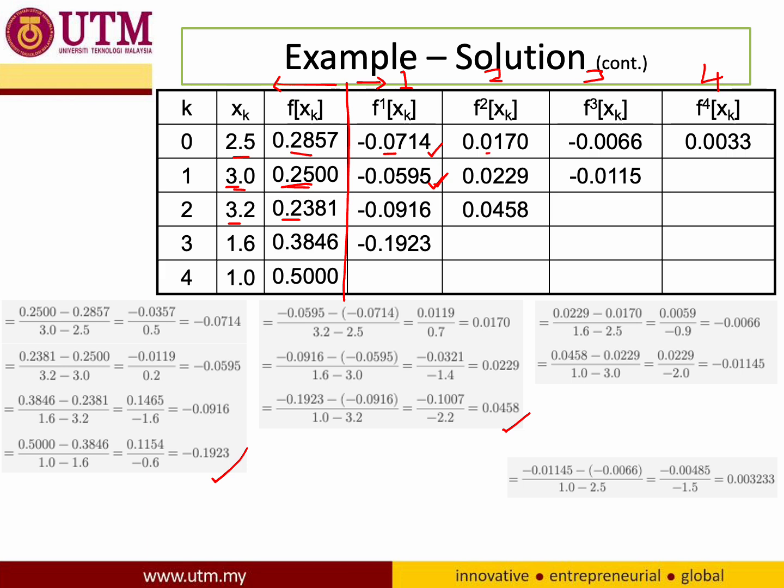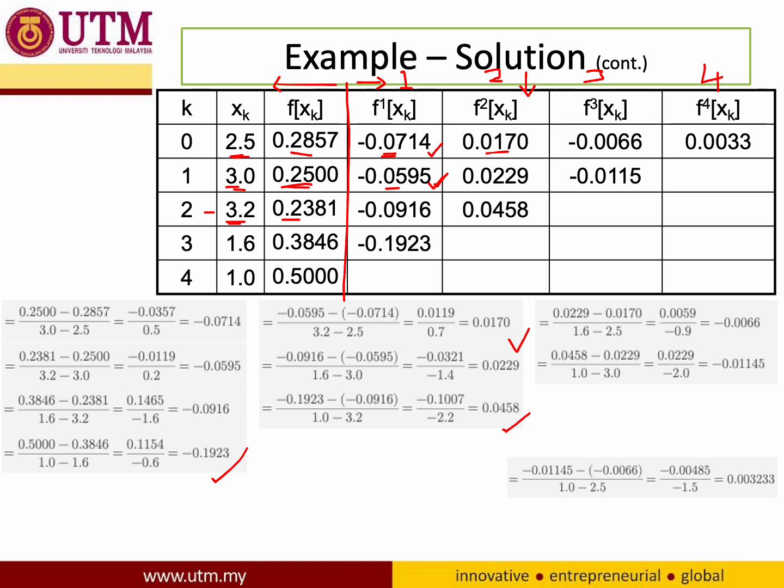So basically, to find 0.0170, negative 0.595 minus negative 0.0714 divided by 3.2 minus 2.5. Remember, this is the second column. The third column later, if you look here, this is the calculation for the second column.